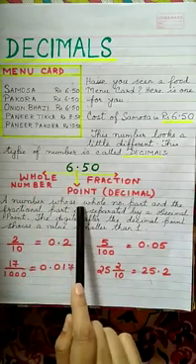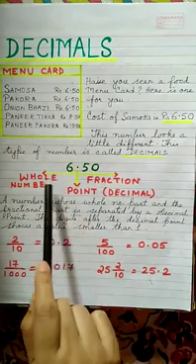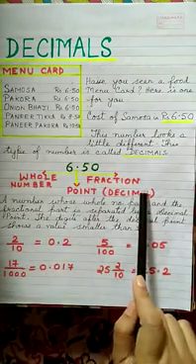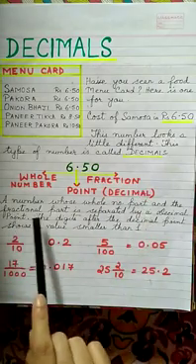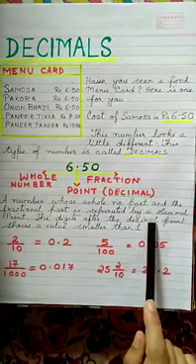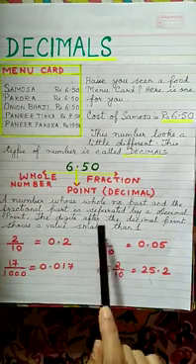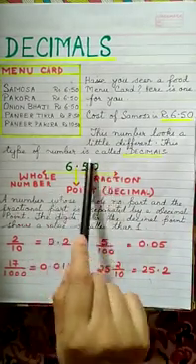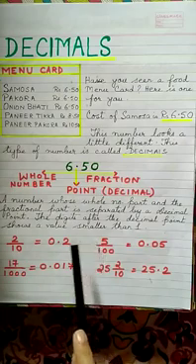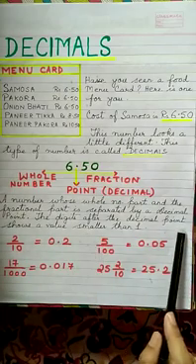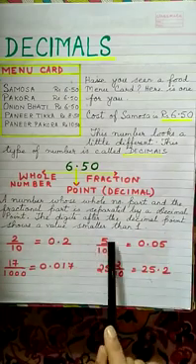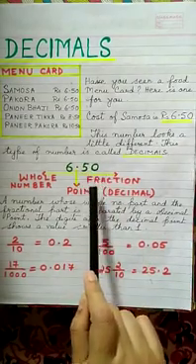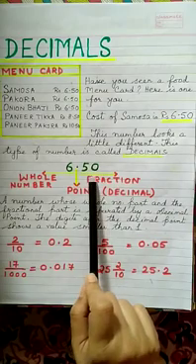So in between we have decimal point, left hand side we have the whole number, right hand side we have the fraction. A number whose whole number part and the fractional part is separated by a decimal point, that is a decimal number. The digits after the decimal point shows a value smaller than 1.